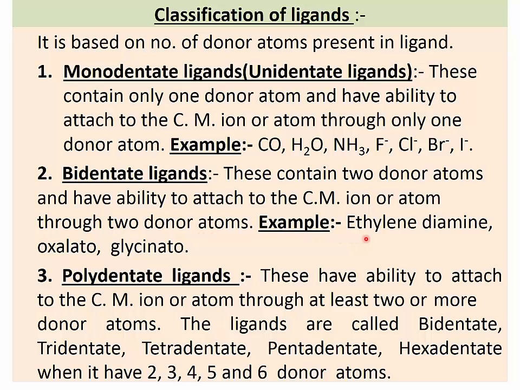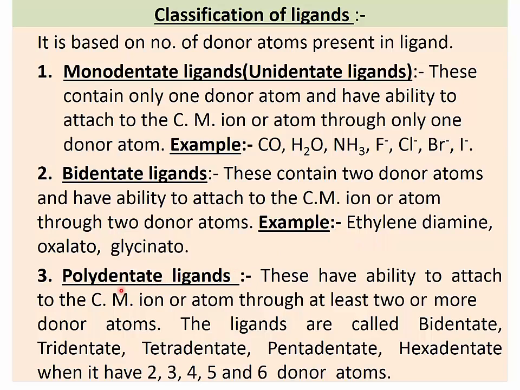Examples are ethylene diamine, oxalato, glycinato. Ethylene diamine contains two nitrogen donor atoms through which it attaches to the central metal ion or atom. Therefore, it is called a bidentate ligand.